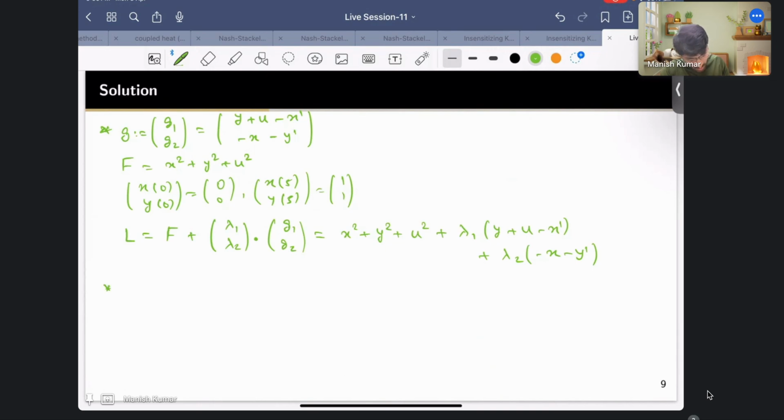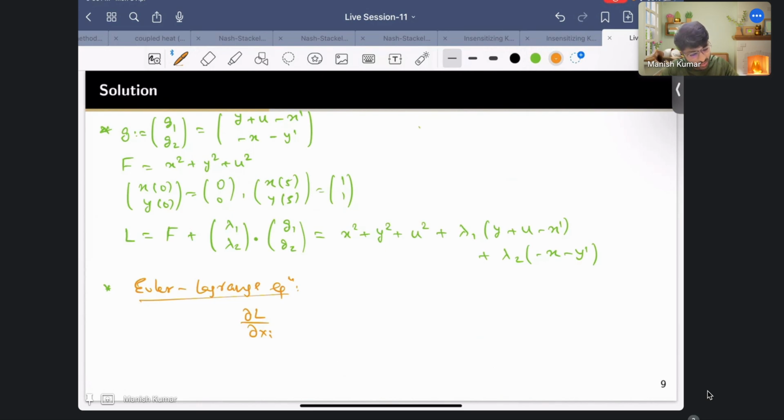Now what you have to do is calculate del L. So let me write the Euler-Lagrange equation. It was del L by del xi. Over here you see, we have 3 variables involved: one is x, the other is y, and the third one is the control u.